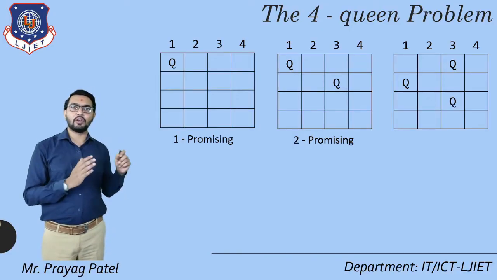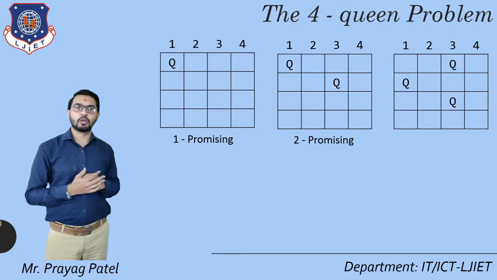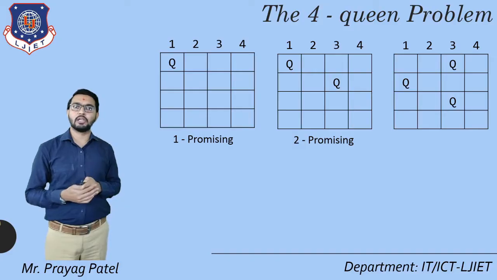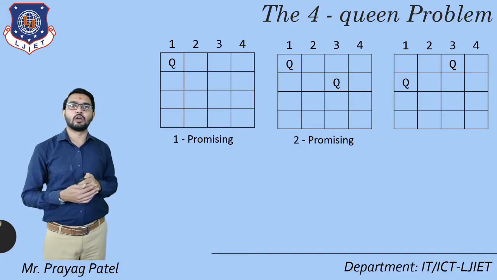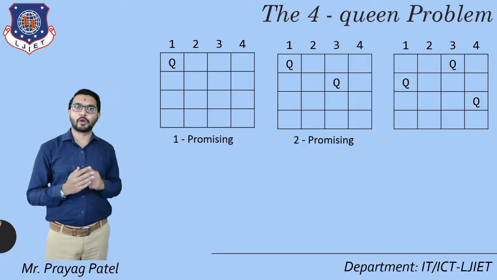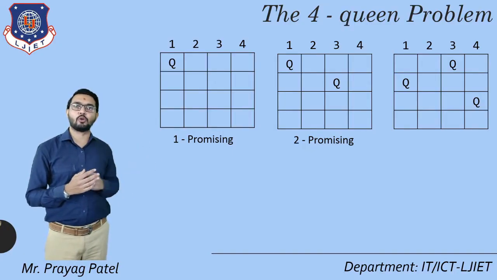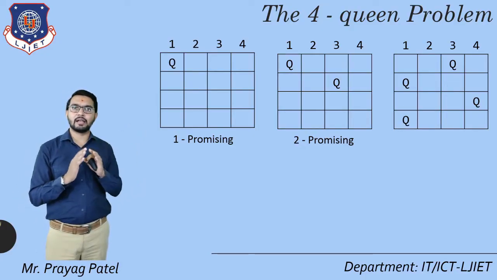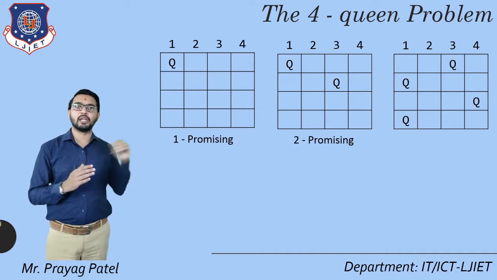If we put the queen in the third column, it is also the same column as your previous queen. So not possible. Now consider the fourth column of the third row. This is a proper location because there is no same row, same column or same diagonal. So consider this location as the final location for row number 3.